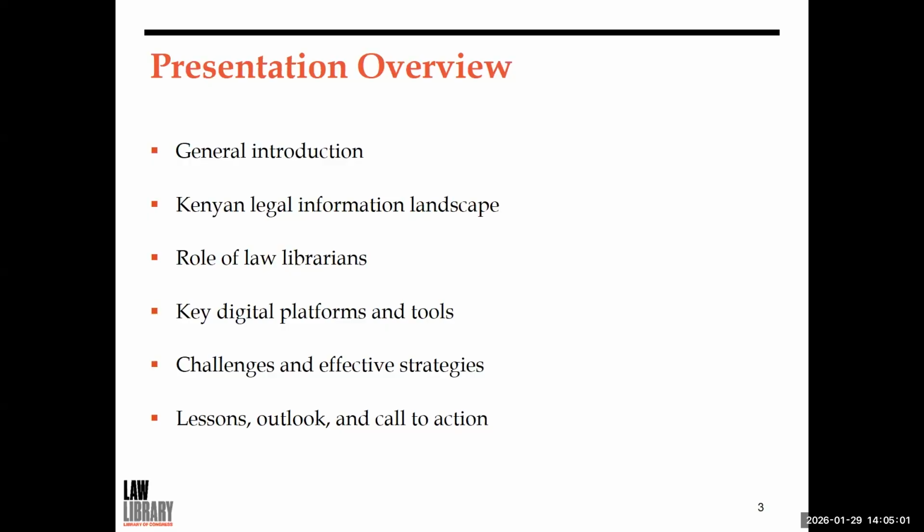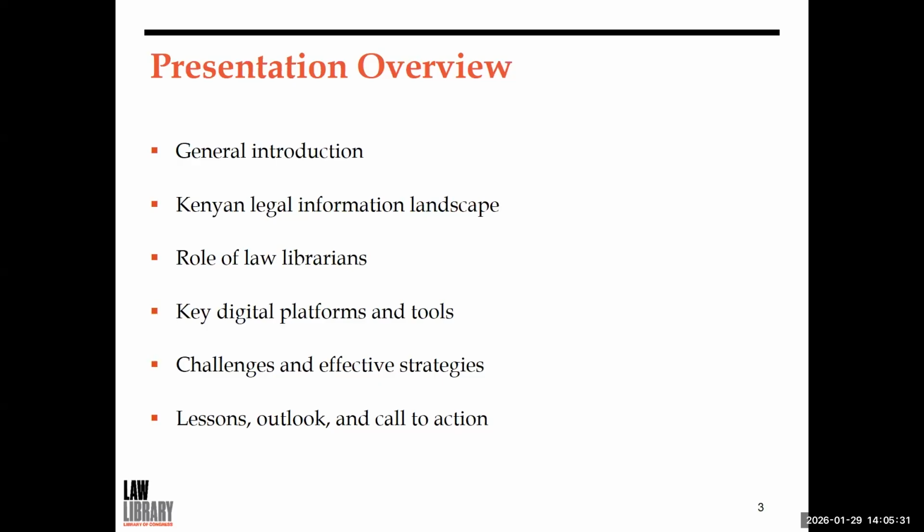It's the backbone of justice, accountability, and the rule of law. In this presentation, I'm going to explore the intersection between law librarianship and access to Kenyan legal information, focusing on the key tools, digital platforms, and best practices that shape modern legal research and service delivery in East Africa, and more so in Kenya.